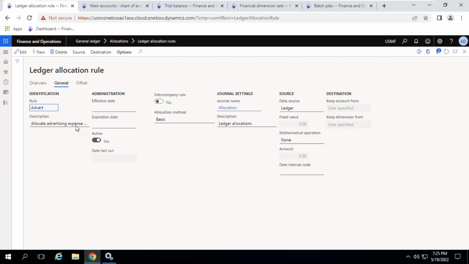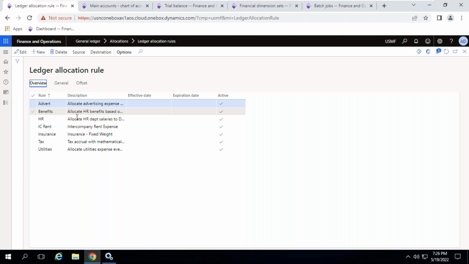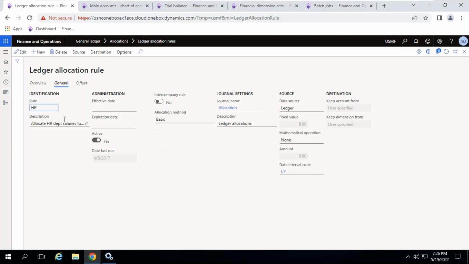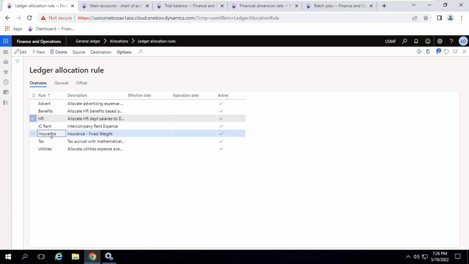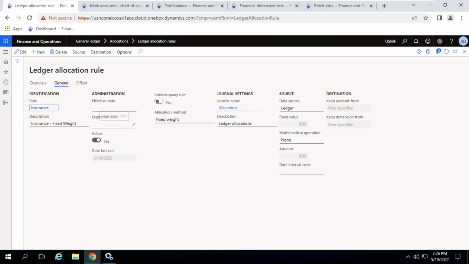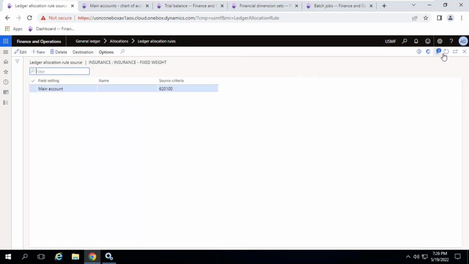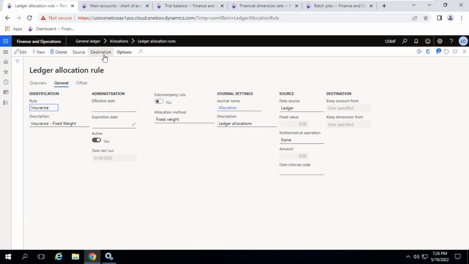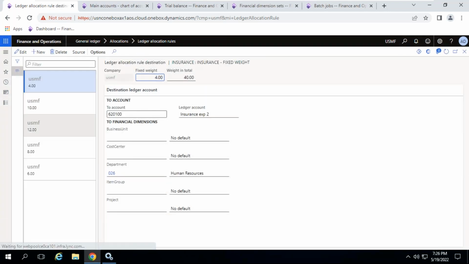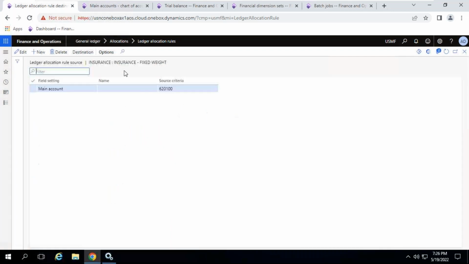For the normal methods, the source is only one. For equally, fixed percentage, and fixed weight, there is only one source, and the destination has multiple options. But for those, only the source is one.